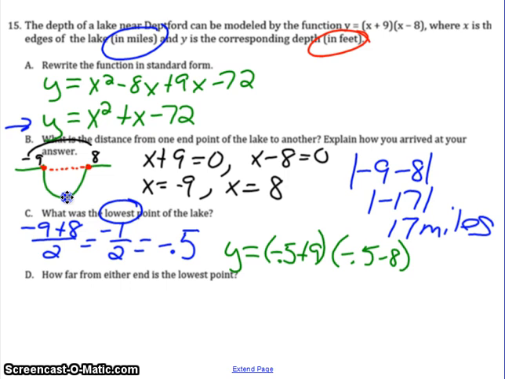Negative 0.5 plus 9 is 8.5. And negative 0.5 minus 8 is negative 8.5. All right, let's multiply those two things together. So I've got 8.5 times negative 8.5 gives me negative 72.25.